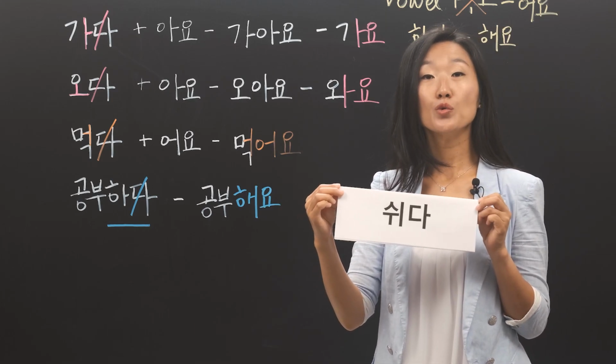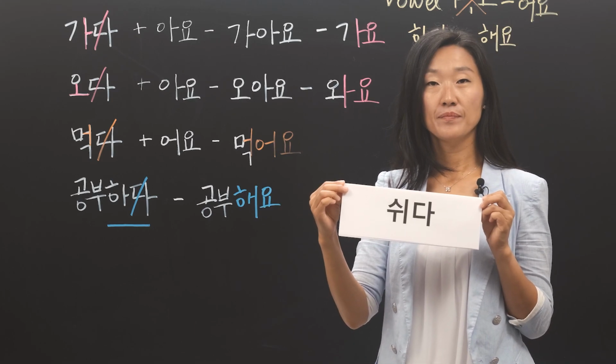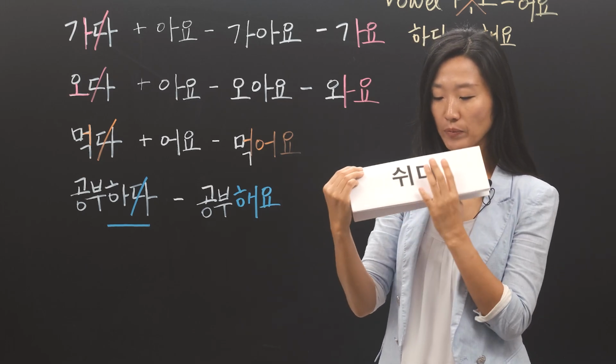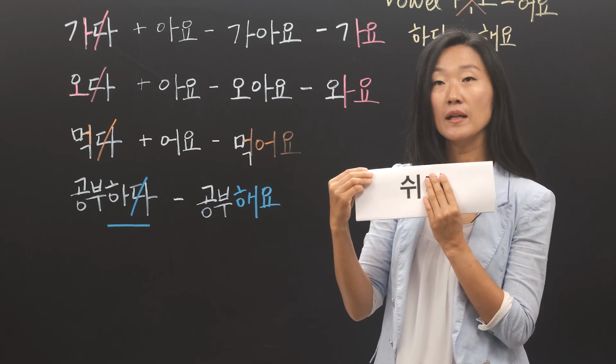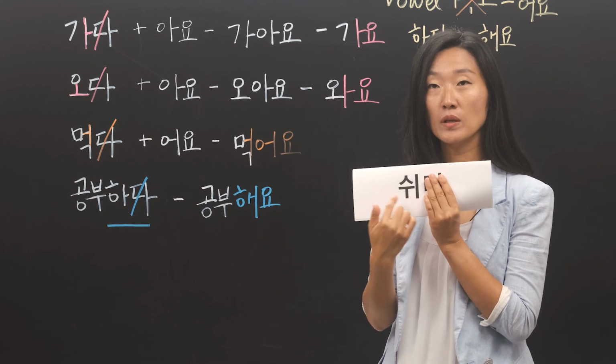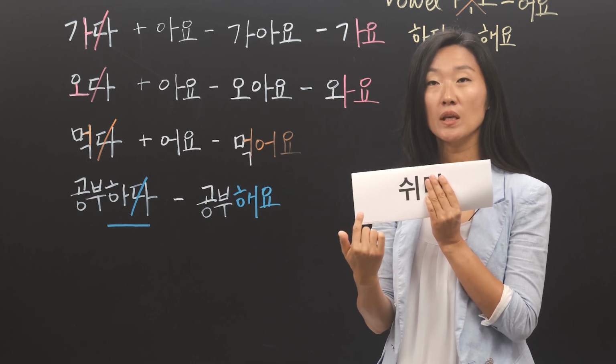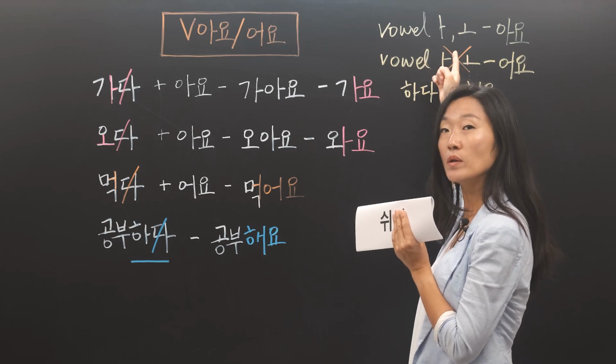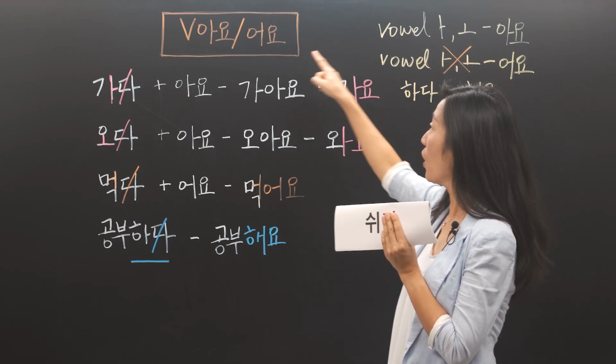쉬다. To rest. We have to remove 다 and look at the last vowel. The last vowel is 이. Not a, not o. Then we add 어요.